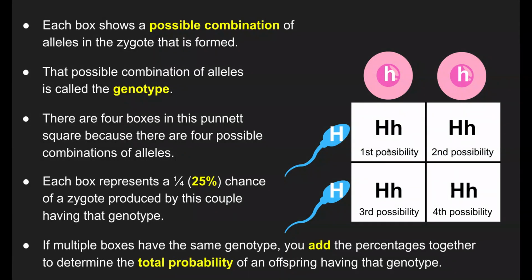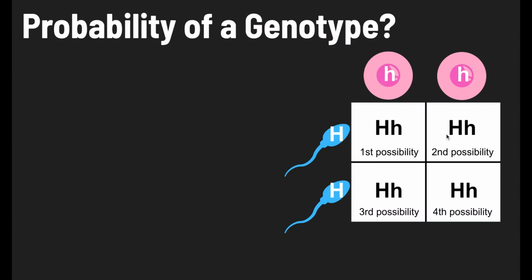If multiple boxes have the same genotype, then you add the percentages together to determine the total probability of an offspring having that genotype. So in this example, all 4 of the boxes have the exact same genotype. They're all big H, little h.